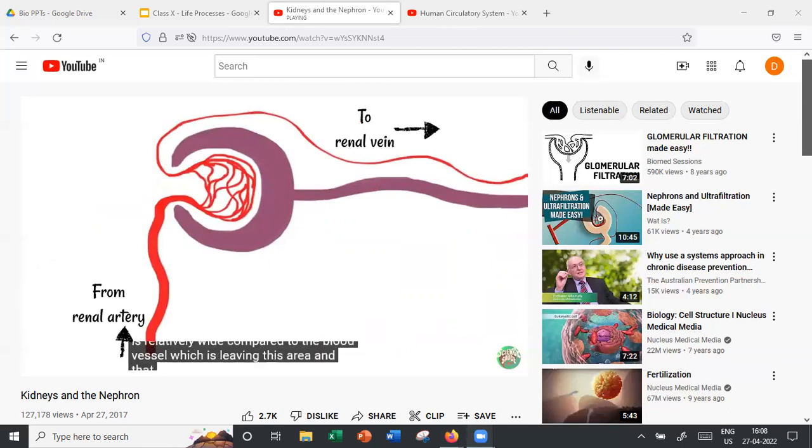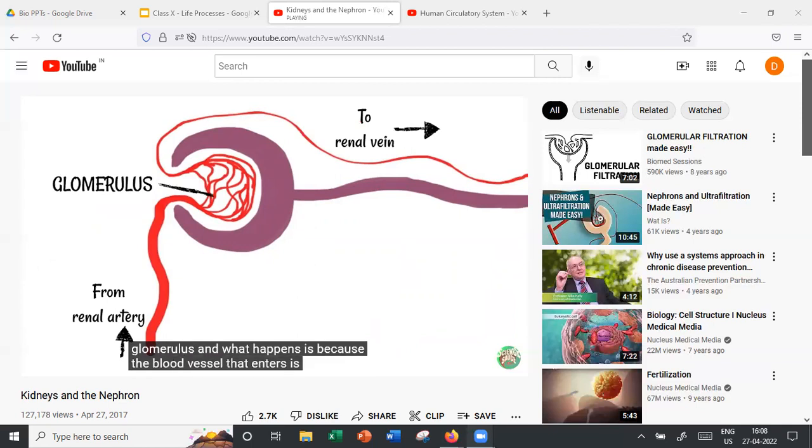And that blood will eventually connect up to the renal vein. In between all of this is a capillary network known as the glomerulus. Because the blood vessel that enters is wider, it gets a little bit constricted as it's trying to leave after the glomerulus. So the result is we get really high pressure inside of the glomerulus.